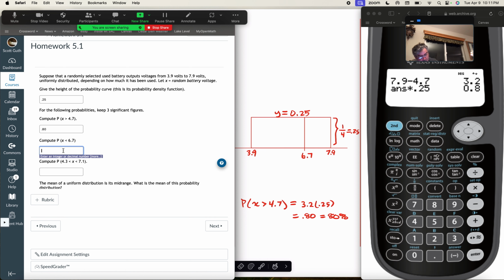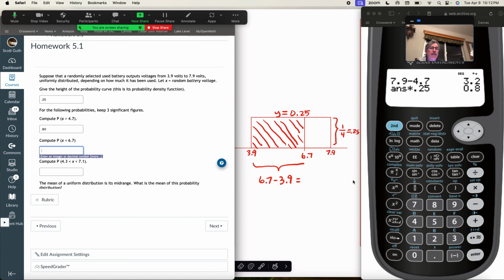And then we want to shade to the left, less than. Sorry, let me get rid of all this stuff. So we're just shading over here. Okay, and so the width of that area is 6.7 minus 3.9.